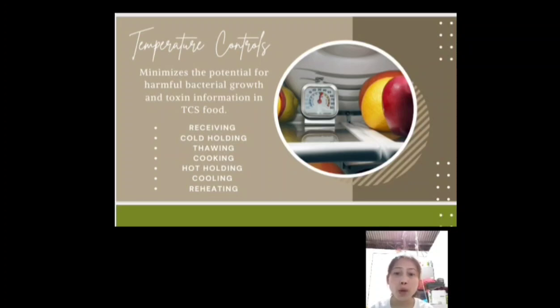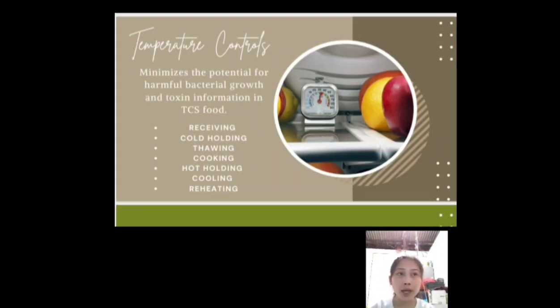So, the first one is receiving. Understandable naman jud ang receiving, no? It is important nga i-make sure na i-check ang temperature sa TCS food during the receiving process. So, this will help you gauge or measure whether the food is okay ba siya or dili na.